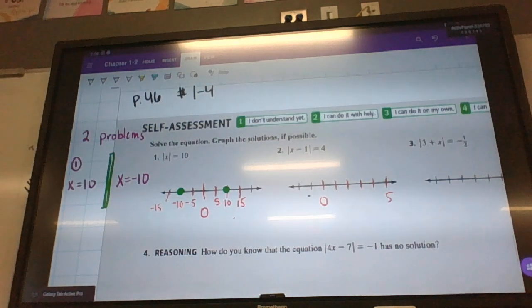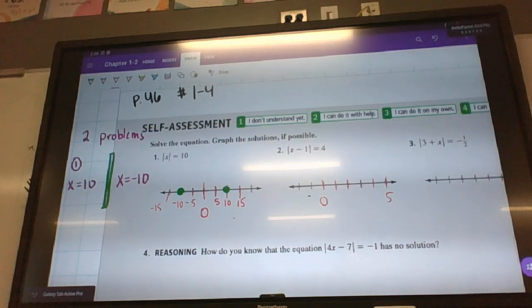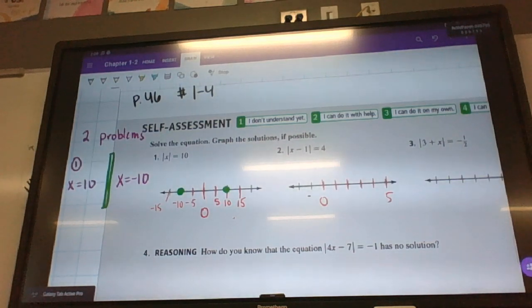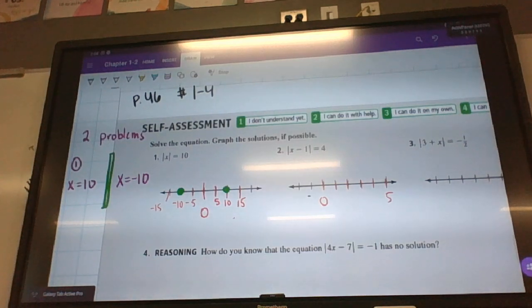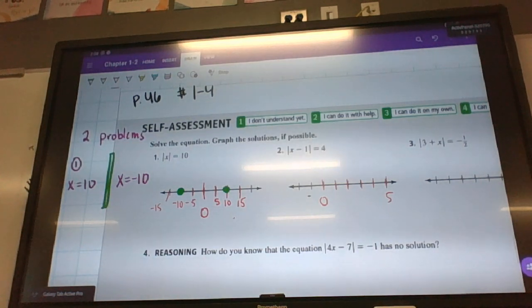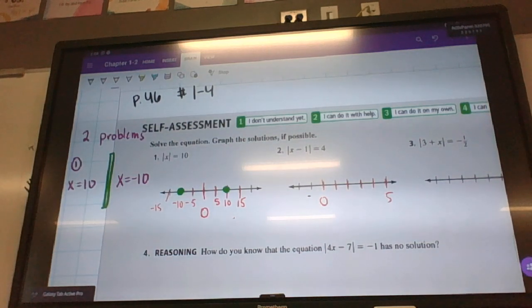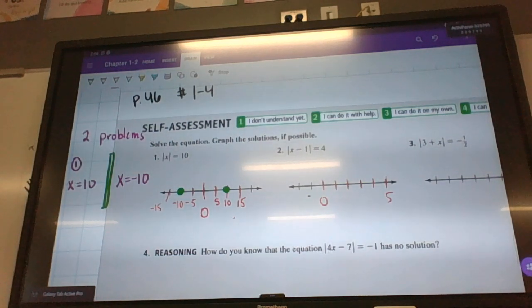You have to make 2 problems. Okay? So the first one, you just drop the bars and you keep it the same. So it's x minus 1 equals 4. Solve that guy. The second one's a harder one.